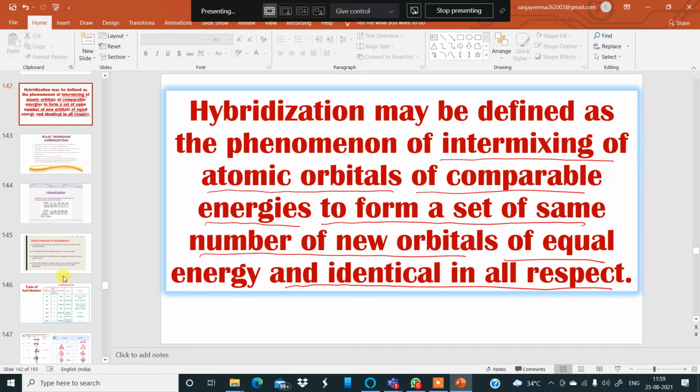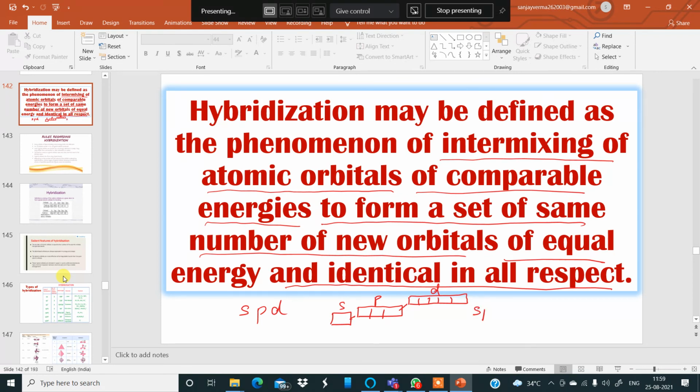Suppose you are mixing an s orbital, a p orbital, or a d orbital. They have an energy difference, but the energy difference is small. So if you mix these, it can be made possible in so many ways.